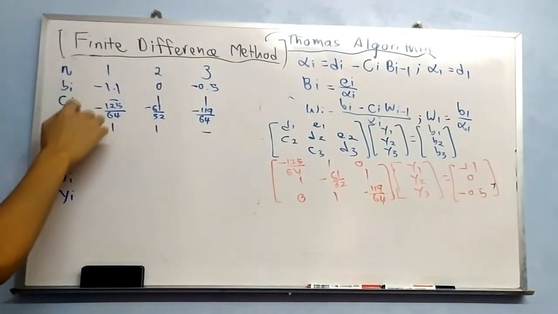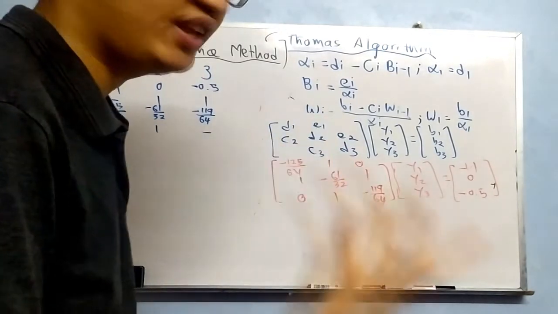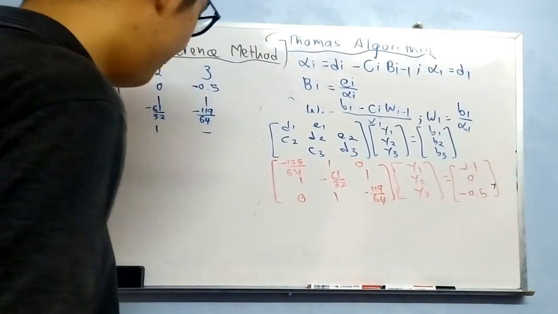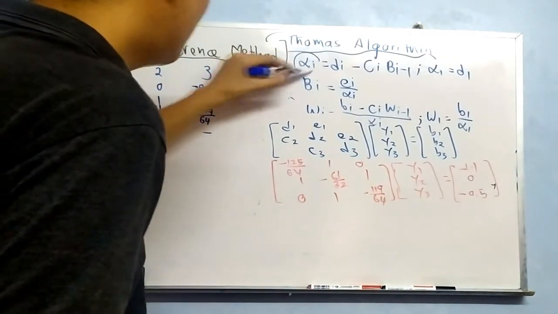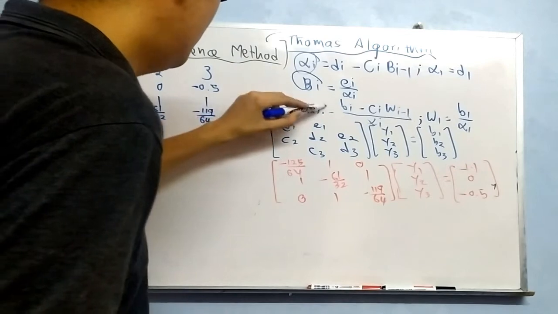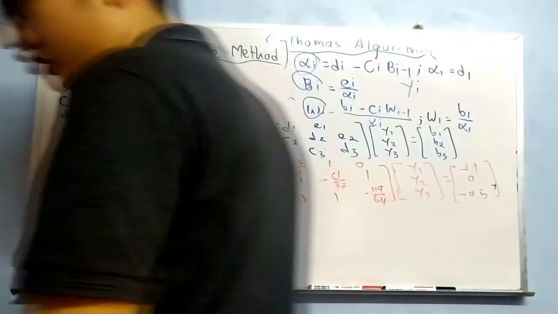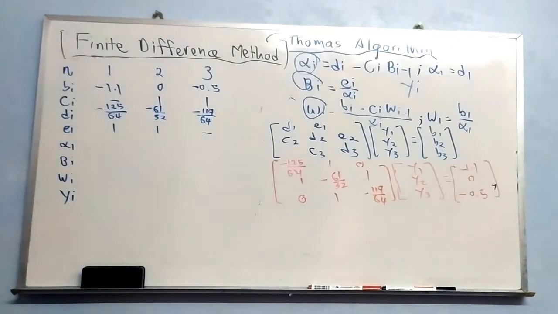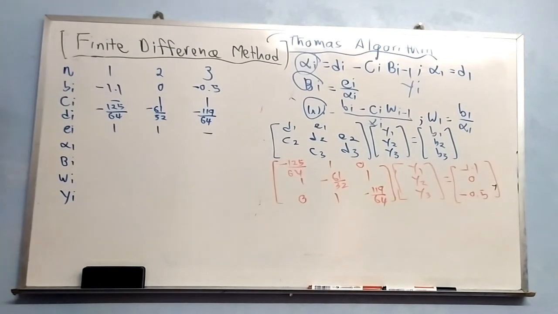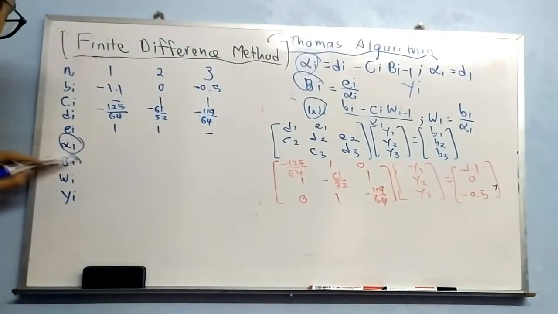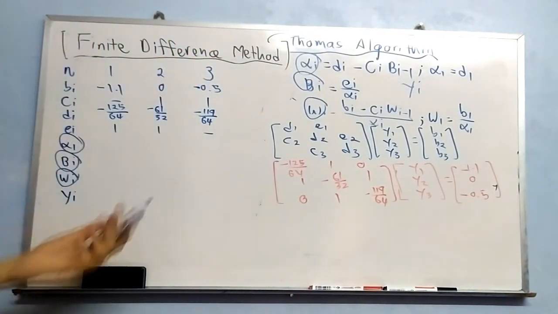Okay, B, C, D and E, the values we can obtain from the matrix that we converted just now. Now, for the Thomas algorithm, you need to find alpha, beta, w, and also yi. So first of all, we find alpha first.